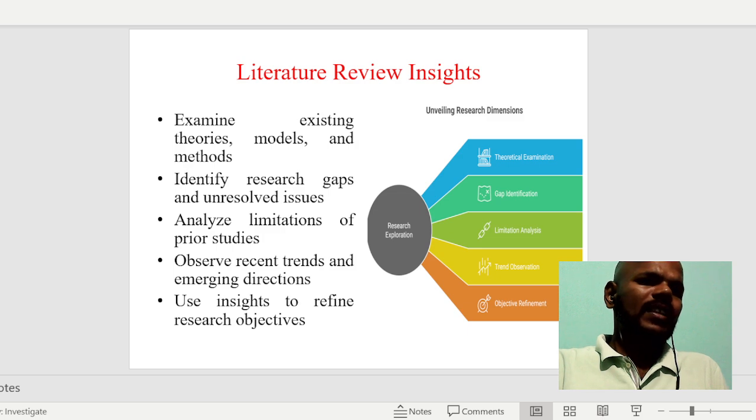Next, it can give the observation of emerging research dimensions or directions. That means it will give a thorough observation of the emerging research directions: what kind of research is currently going on, what kind of existing works are currently running, so that we can explore them in overview.